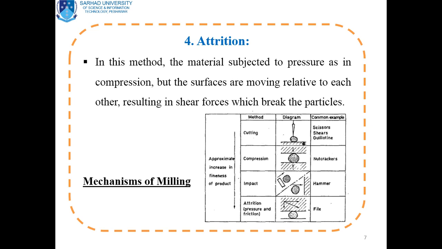And in attrition, the fineness is increased. The highest fineness is at the bottom, as attrition is the application of pressure and friction, and the diagram is also shown. And common examples of these methods of particle size reduction are shown in the table.